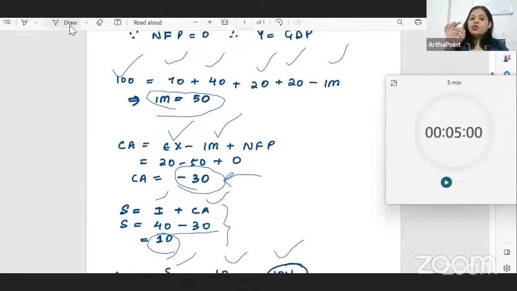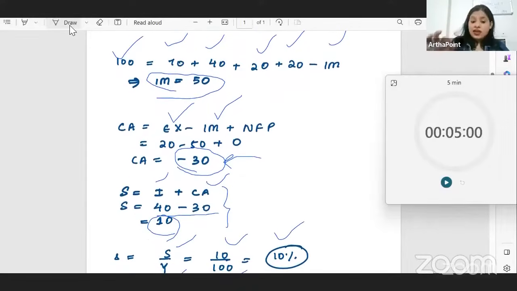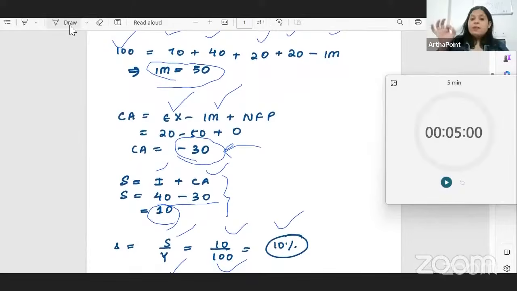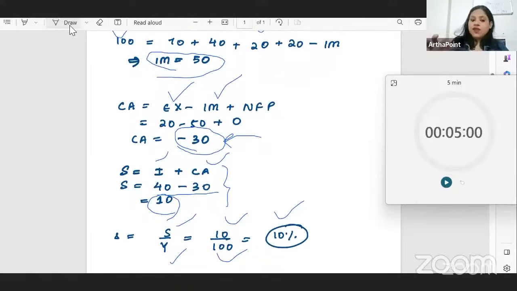Then I used my savings-investment identity by saying that S is equal to I plus CA. And from here, I found out the value of savings, which is 10. And using that, I could go ahead and find the savings rate, which is 10%. Clear?